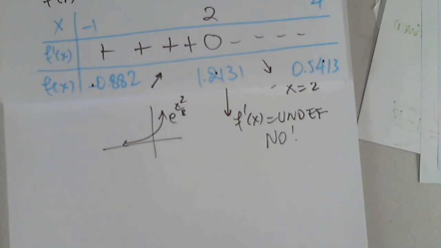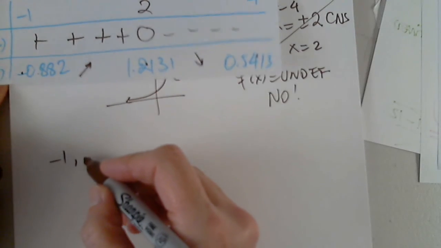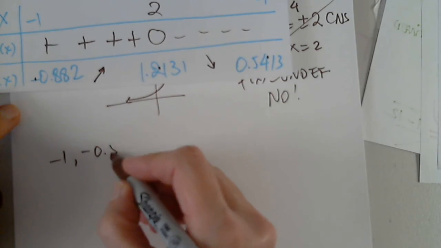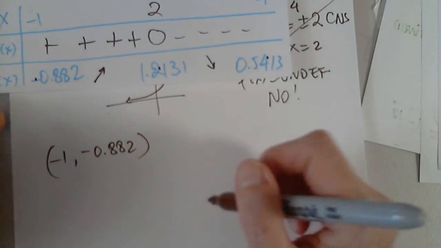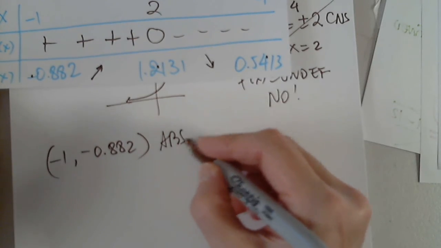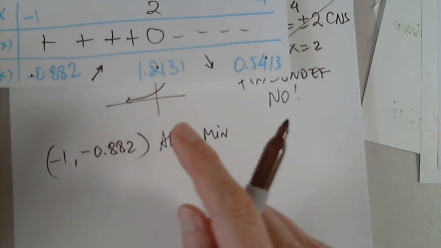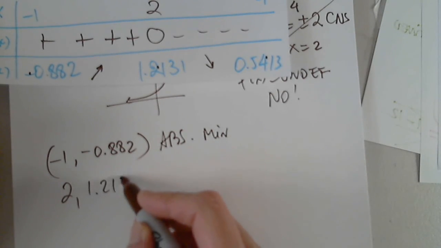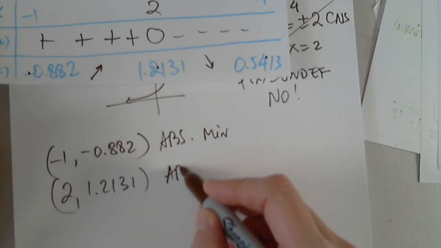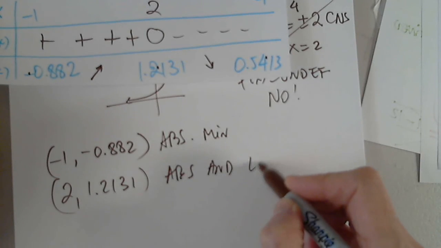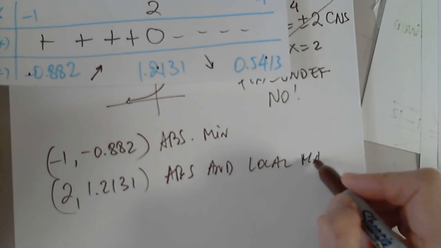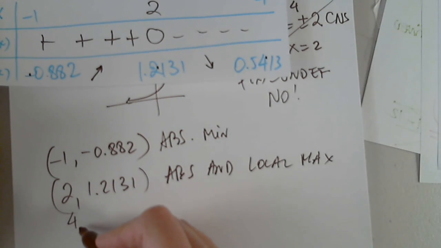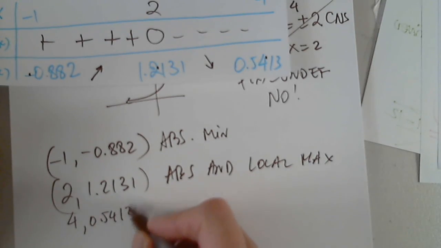So negative 1, negative 0.882. This is absolute min, not local min, because it's at the end point of the interval. 2 comma 1.2131 is absolute and local max, and 4 comma 0.5413, nothing.